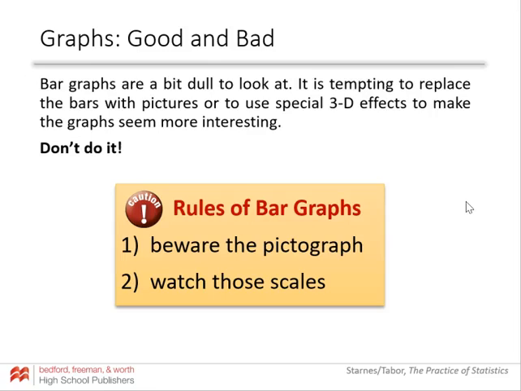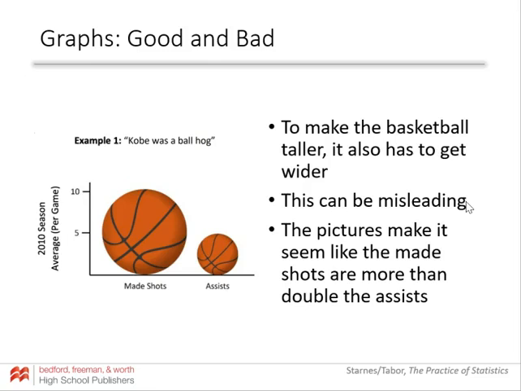Okay. So bar graphs, kind of plain. And sometimes you will see people make them with pictures or sort of 3D effects on them to make them look cool. But in statistics, we don't want to do that because those graphs can be misleading. So here's an example.